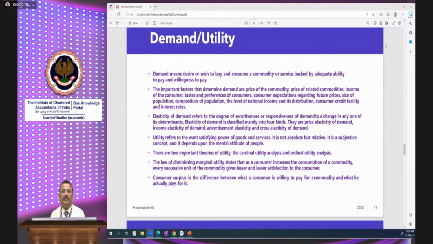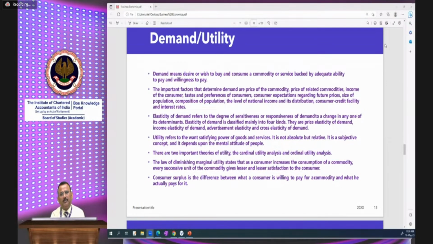Now, the law of demand, as you are aware, is a relationship between price and quantity, assuming all these factors that I'm talking about are constant. If you vary each of the factors, there will be changes in the demand curve. So it needs to be clear in your mind that it is only the relationship between the price and the quantity, because as you increase the number of variables, so will be the shifting and the change in the demand curve.